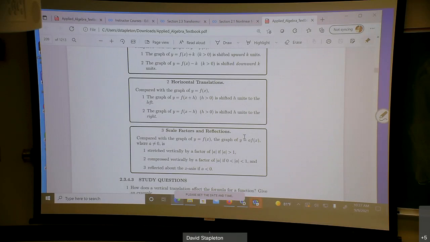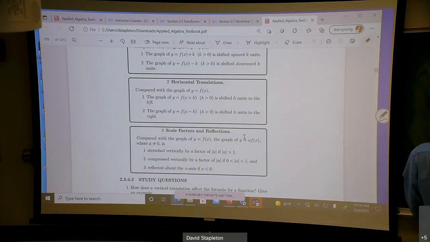The graph of y equals f of ax, where you replace x by ax, is the graph of y equals f of x, except now x has to be 1 over a times as large to take the same number.